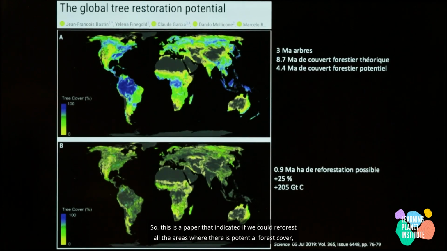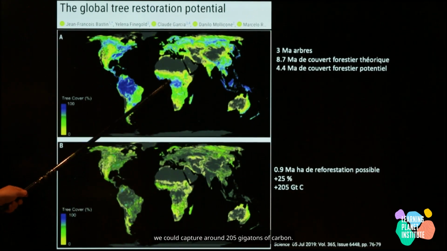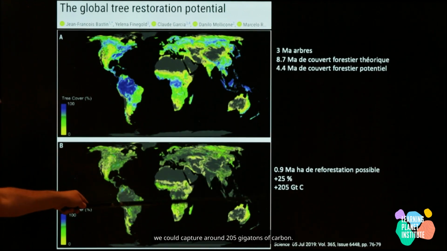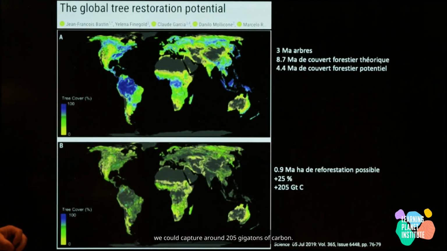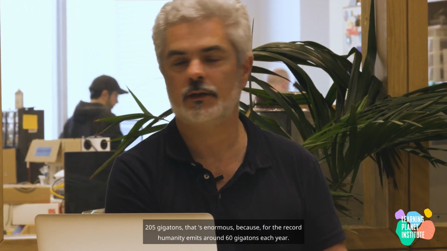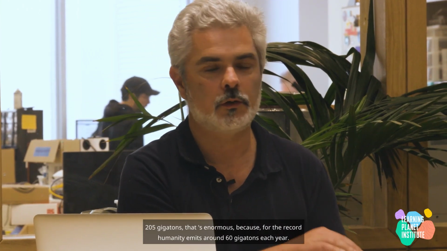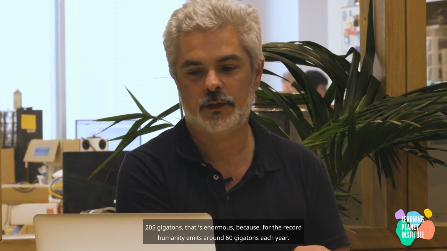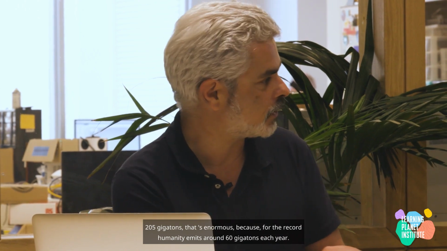So this is a paper that indicated if we could reforest all the areas where there is potential forest cover, we could capture around 205 gigatons of carbon. That's enormous because, for the record, humanity emits around 60 gigatons each year.